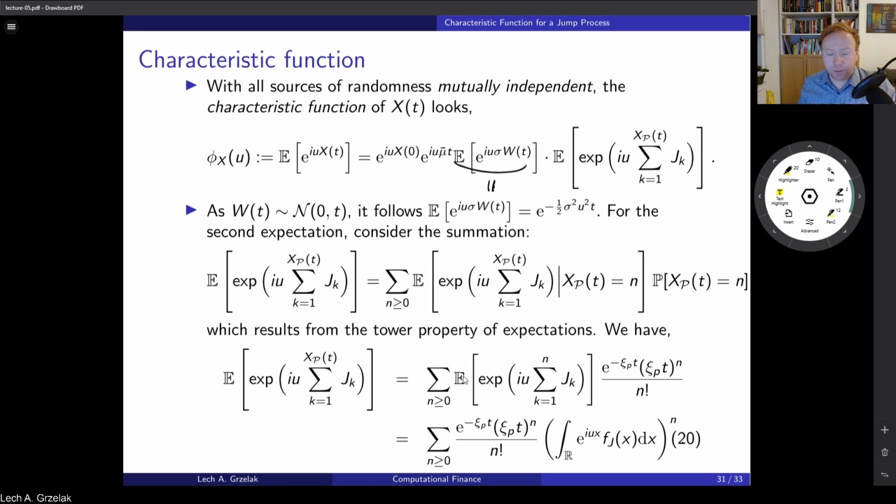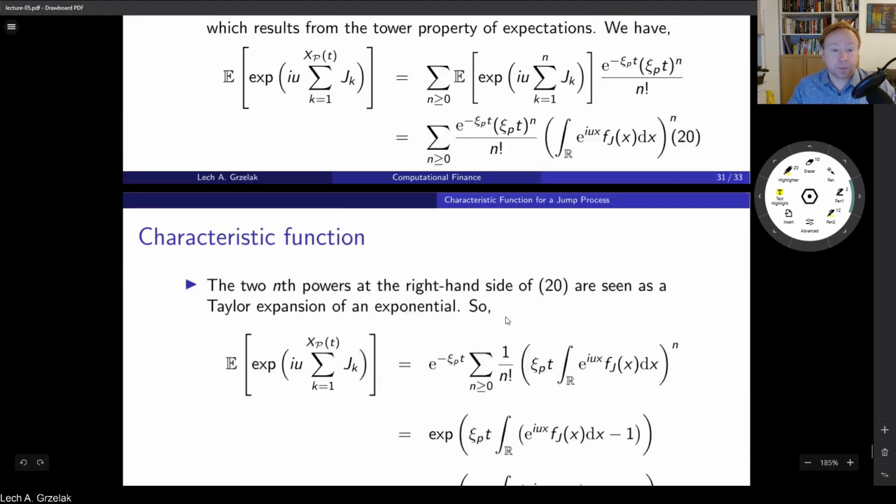Since we have an expectation of an exponent with a summation, it essentially means we have an expectation of a product of exponents, which are all the same. So we have an integral here, e to the power i u x. The integral is an expectation times the density of J, because this is what we have, to the power n. This comes from this term here.